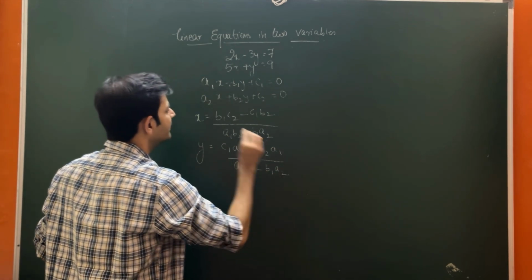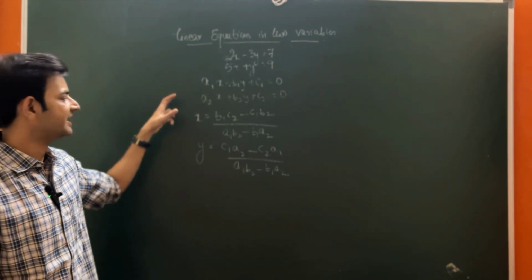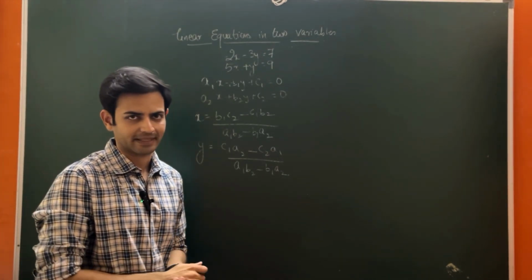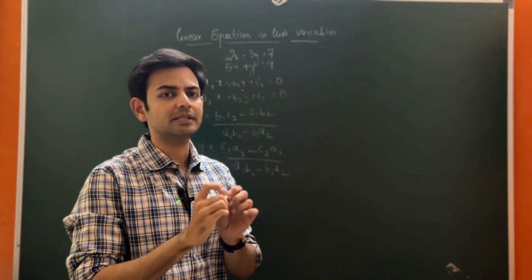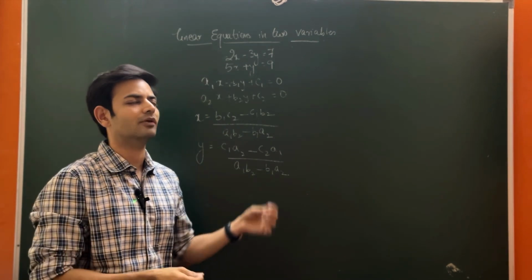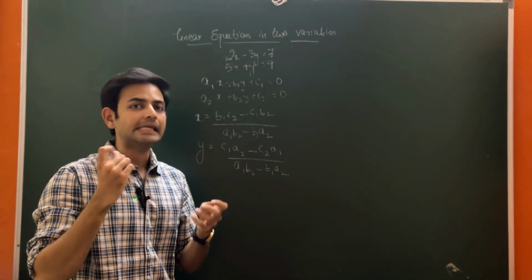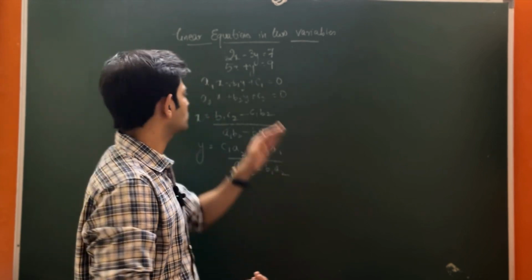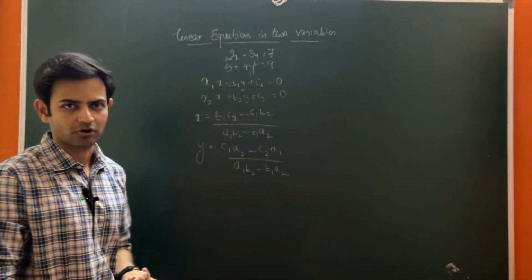So this is the formula for getting the values of x and y using cross multiplication method. If in exam you are given that solve using cross multiplication, you have to go for this method only. In case you forget the formula, you can always hide and derive the formula.